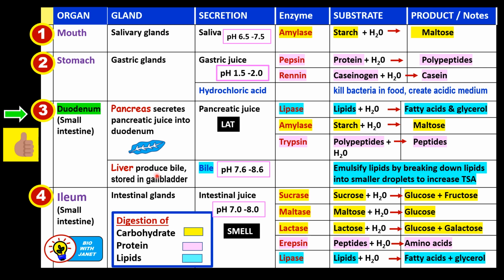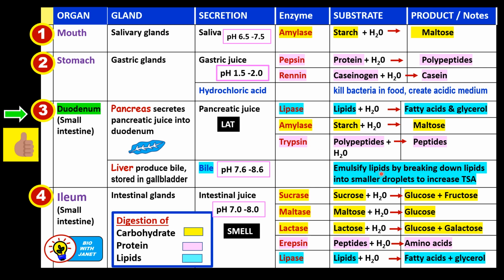Now, another organ that helps in the digestive process in the duodenum is the liver. So it's another accessory organ, right? The liver produces bile, which is stored in the gallbladder. And this bile has a pH of 7.6 to 8.6, so it creates an alkaline condition in the duodenum, which is an optimum pH for faster action of these enzymes, lipase, amylase, and trypsin.